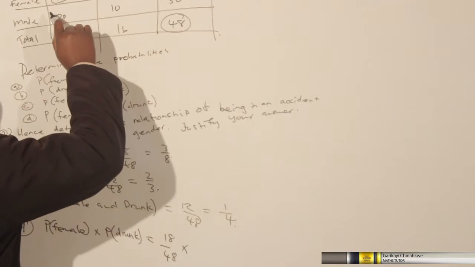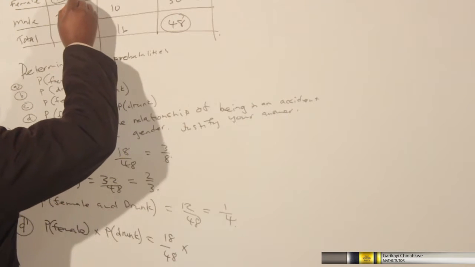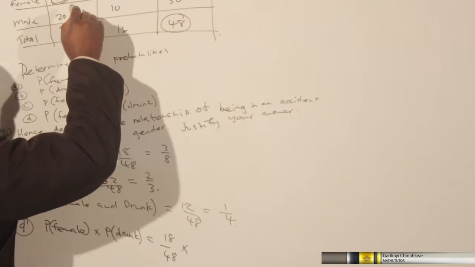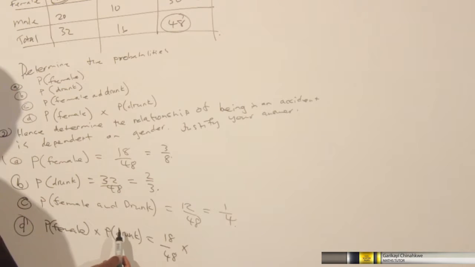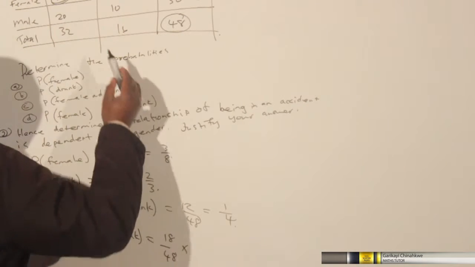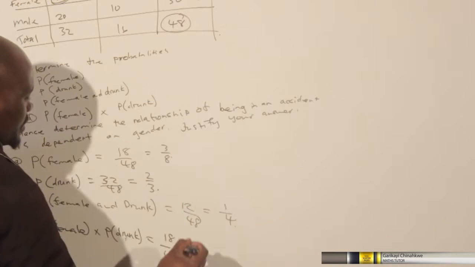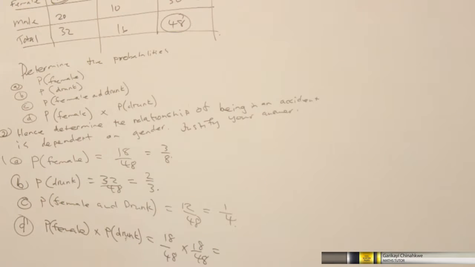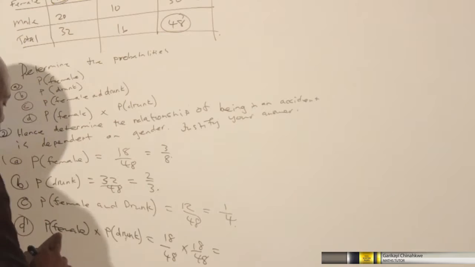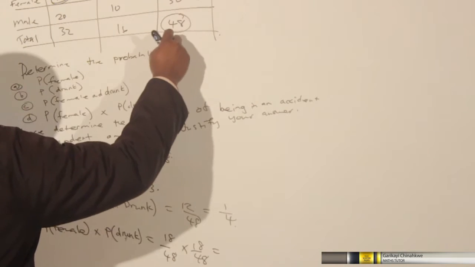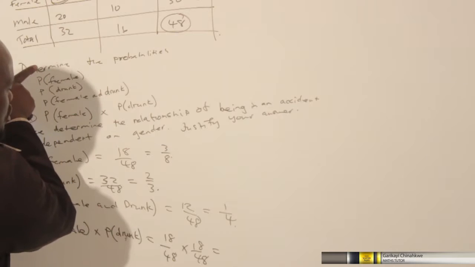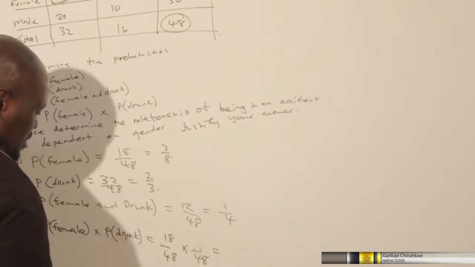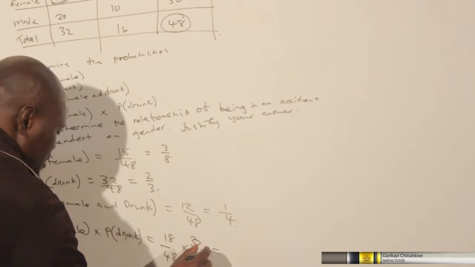Let me just use a calculator quickly. The probability of female is 18 over 48, then the probability of drunk is 32 over 48.